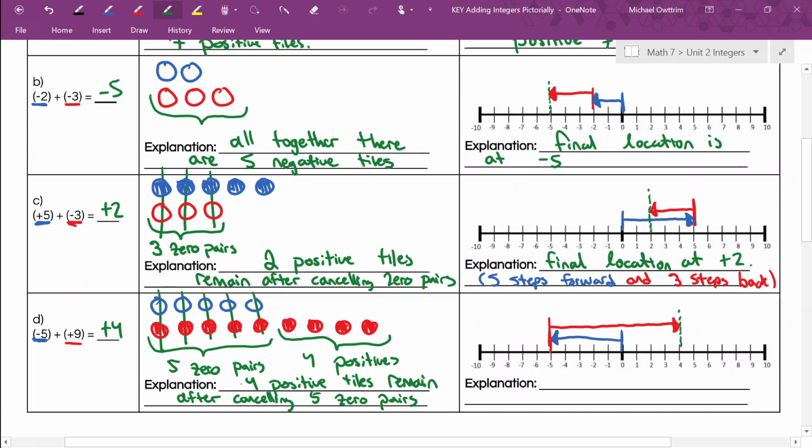Final location here is +4. And of course, that was the difference between 5 steps backwards and 9 steps forward. The difference is +4. So that's an introduction to using your integer tiles and number lines to model integer addition.